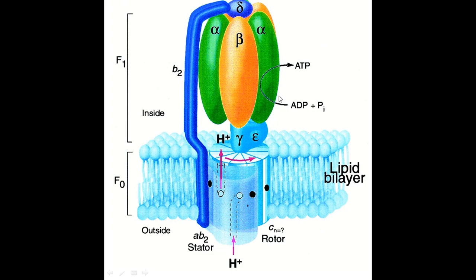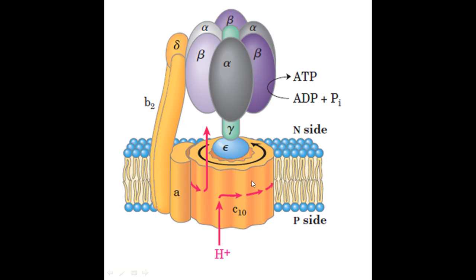It has 8 distinct subunits, as we said earlier. It has a C subunit. It has an A subunit, which is between the B subunit and the C subunit. More clearly here, the A subunit is between the C subunit and the B subunit.